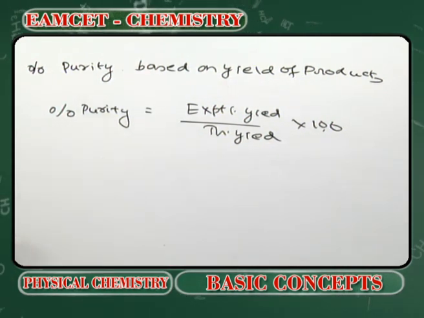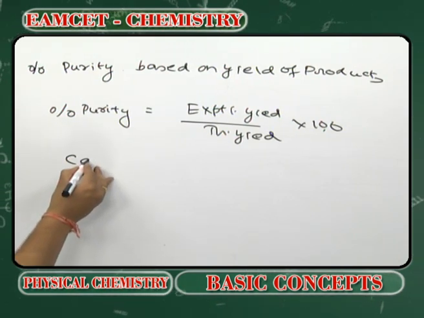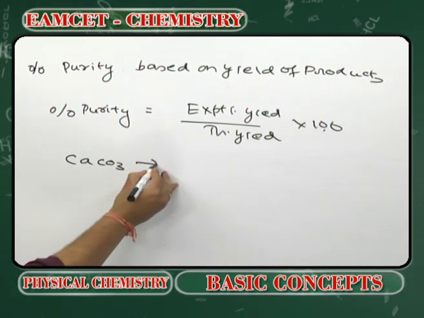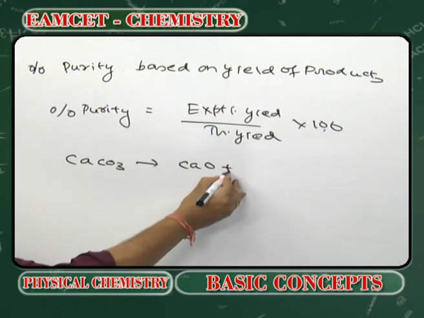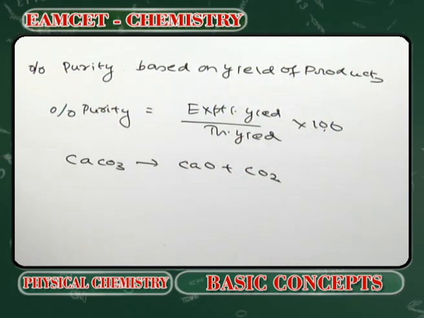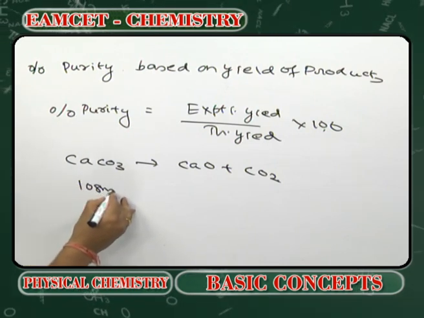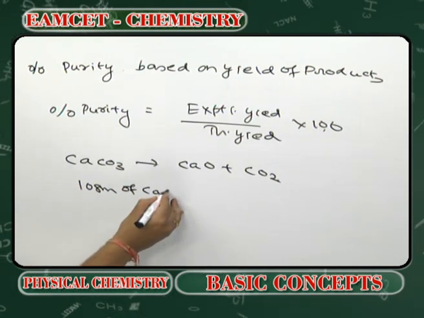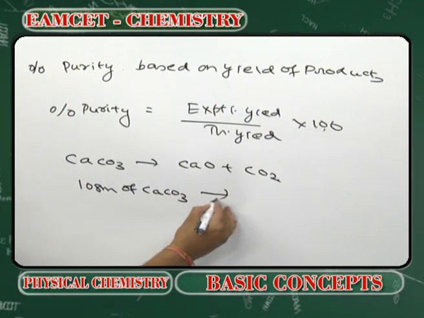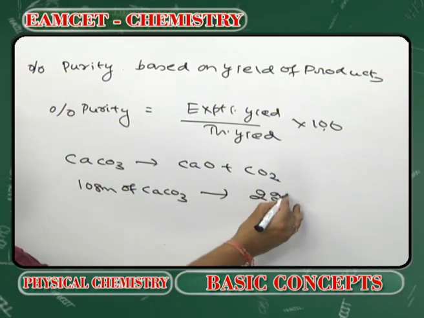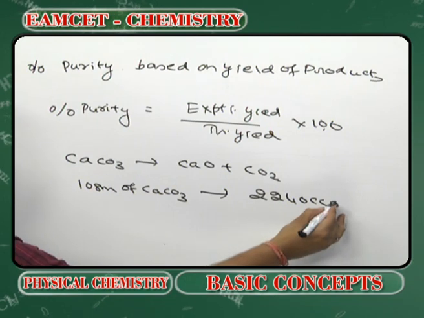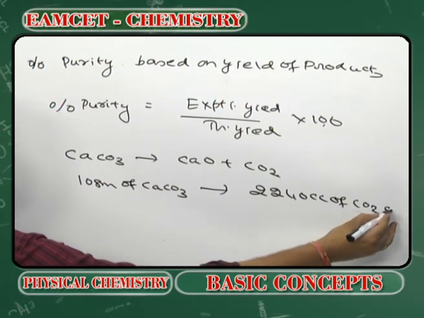1120 cc. So what is marble? CaCO3 gives rise to CaO plus CO2. So 10 grams of CaCO3 should give rise to 2240 cc of carbon dioxide at STP.